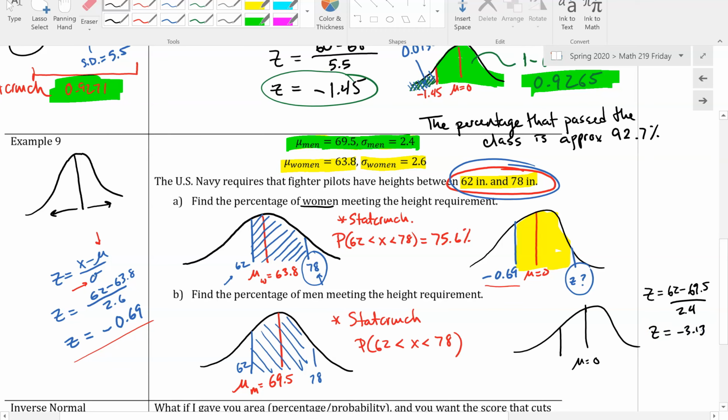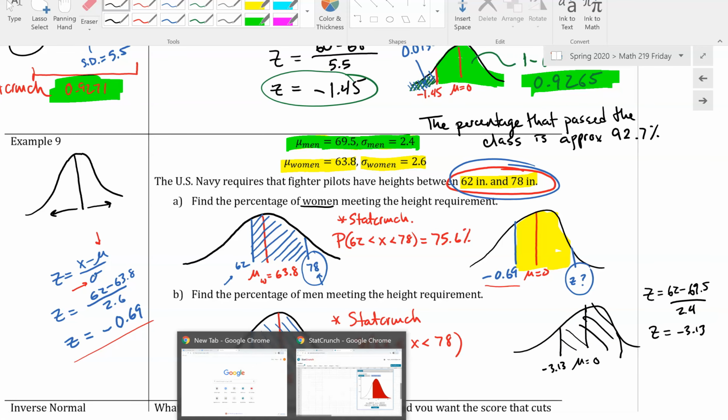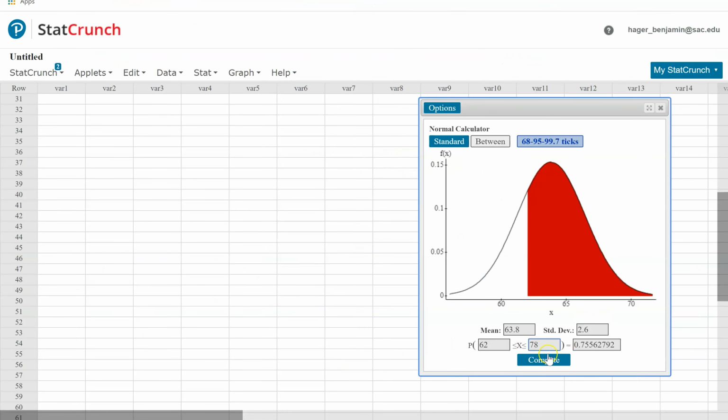So again, a very different z-score because we have a very different mean and standard deviation. You would then need to go find the z-score for 78, and then using your tables find the area in between them.